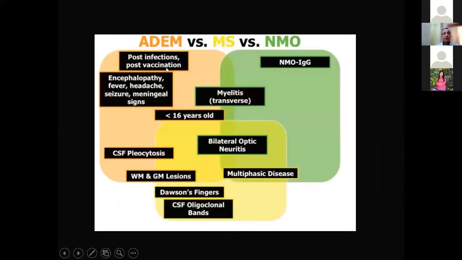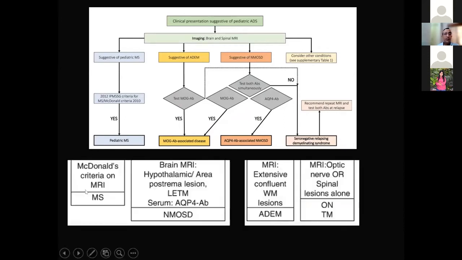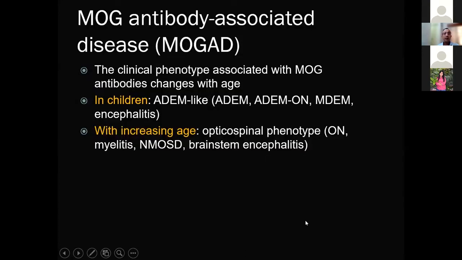The various clinical features, the laboratory parameters, and the various radiological findings help in making the particular diagnosis of the acquired demyelinating syndrome. And MRI plays a very pivotal role by showing the various findings on the brain parenchyma and discriminating into the various spectra of the acquired demyelinating syndrome.